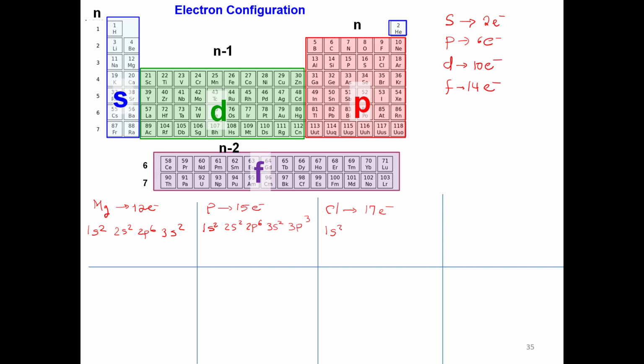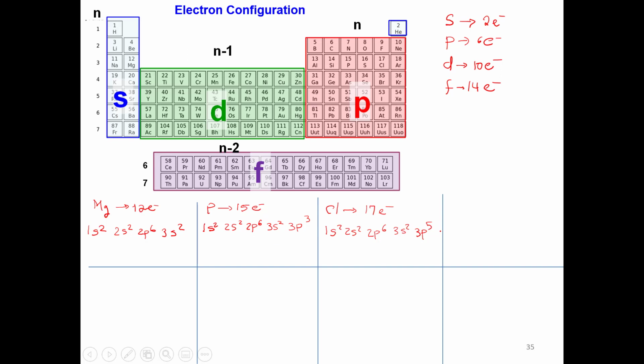Then it's 1s2, 2s2, 2p6, move to the next, is 3s2, move to the right, 3p, and we need to count where is 1, 2, 3, 4, 5. And if we add the electrons, we will get 17 electrons. And this is the electron configuration for chlorine.